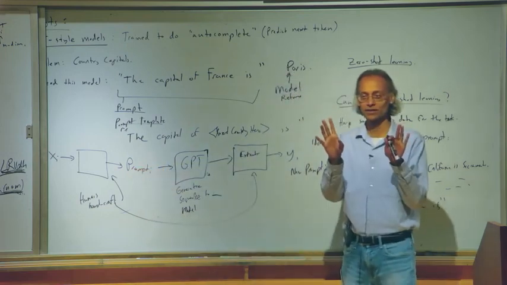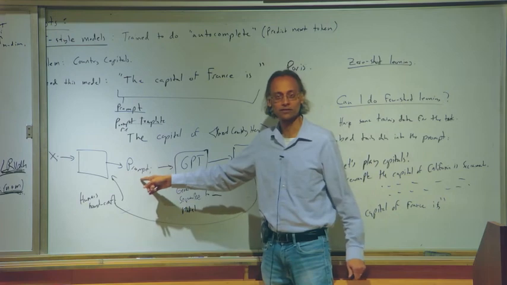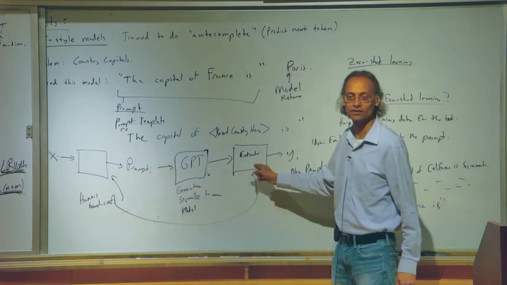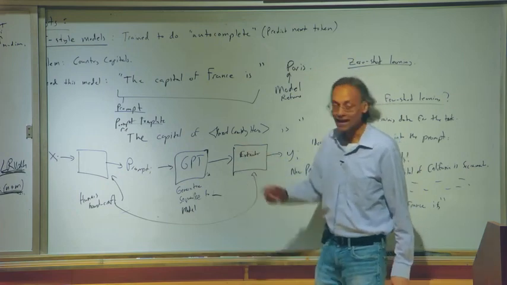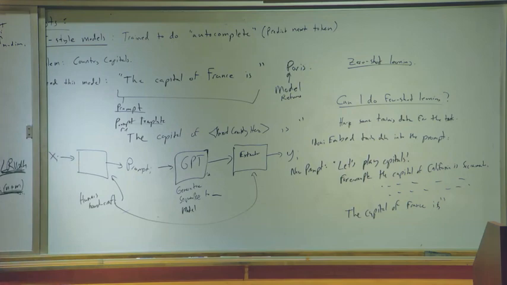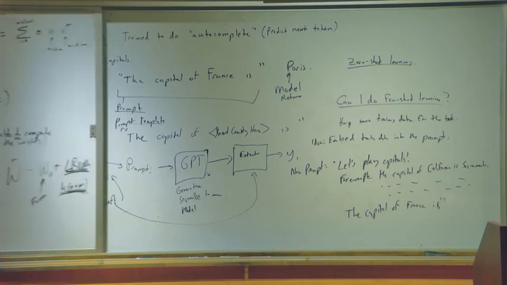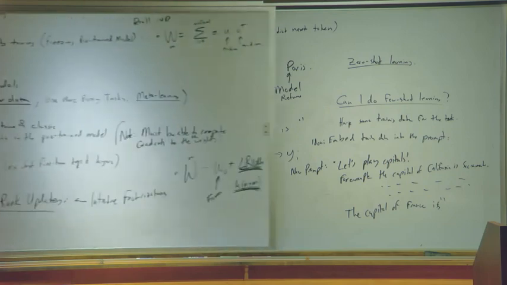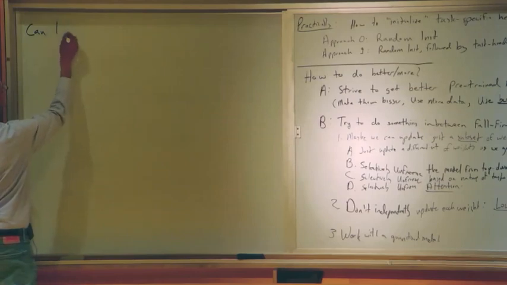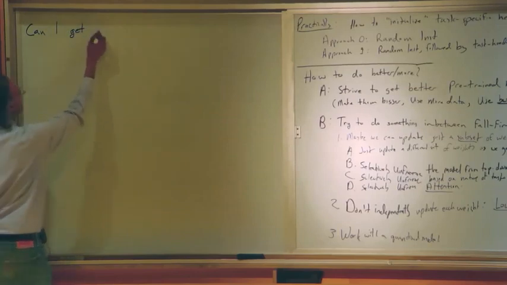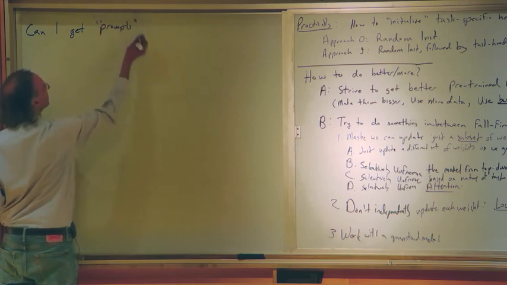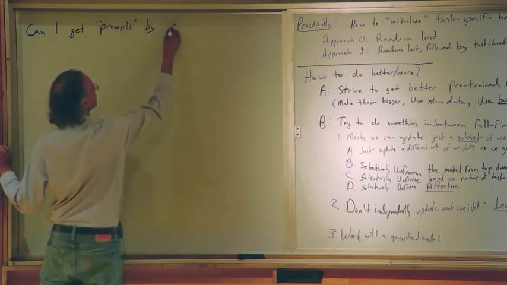Do you see that? Because the prompt is the wrong kind of thing. This is also a little bit annoying. But actually, we know we can solve that problem, so let's come back to it. So what's the question? Can I get prompts by gradient descent?